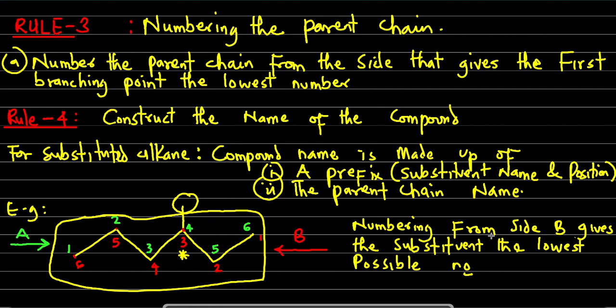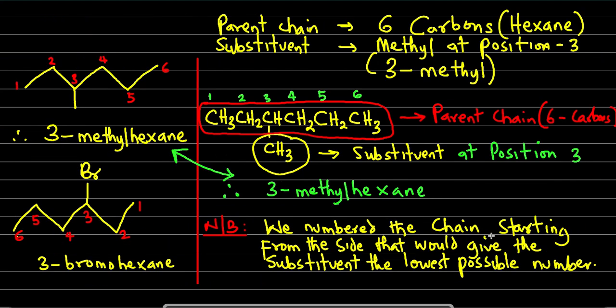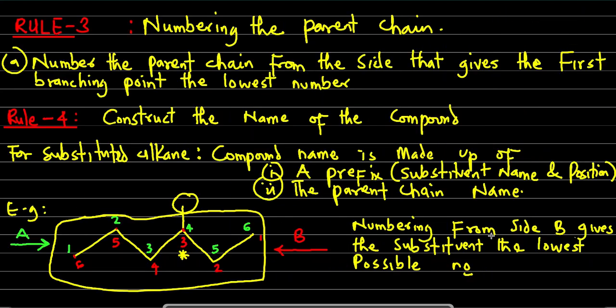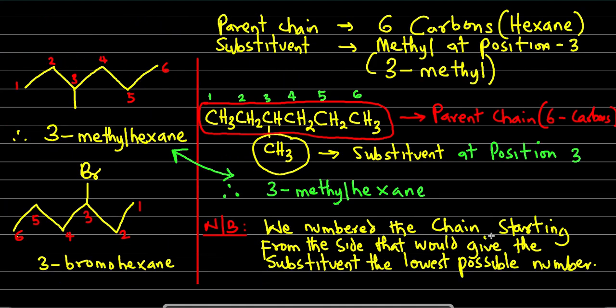Okay, that is it. So let's look at the next example. I want to name that compound. I just had to rewrite it. Now look at this. It's the same compound as the one I did previously, but I rewrote it in a way that will favor me. If you check, if I number from this side, this is 1, this is 2, and this is 3, right?